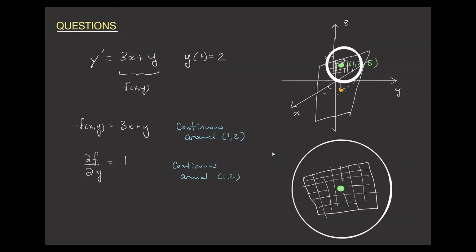Now if you satisfy these 2 conditions, this function is continuous and this function is continuous around the point 1, 2, then Picard's theorem applies. In this case, it does apply, because both these are true. So that's a specific example of Picard's theorem.